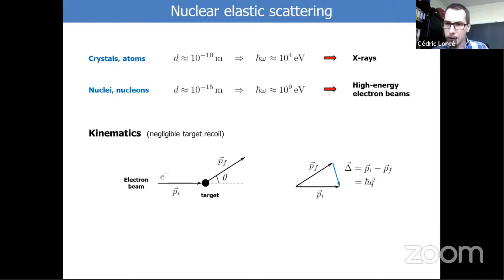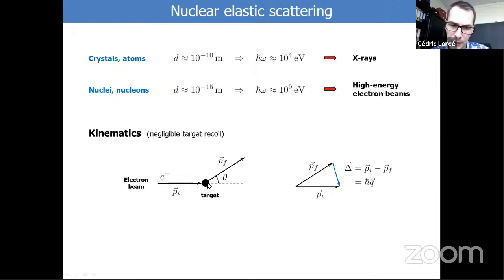So basically the theory, I won't go into the details, but just to give you the setup, is the following. Most of the time, people will consider that we can neglect the recoil of the target. We have a kind of infinitely massive target, and then we shoot electrons on the target. So that's what is represented here. We have an electron that hits a target.